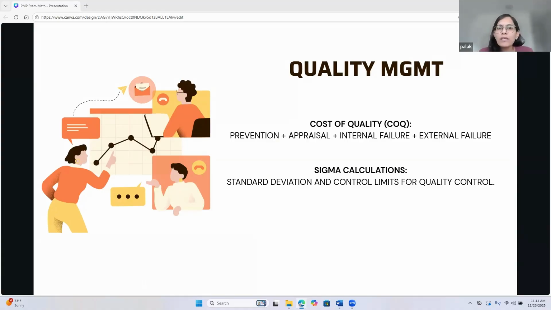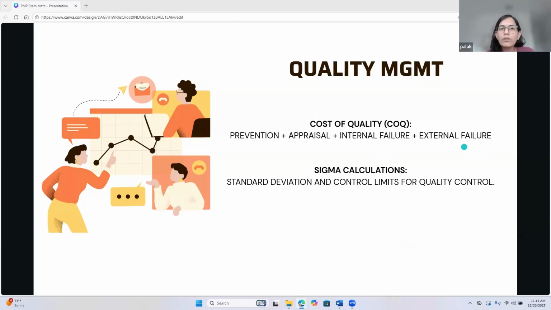That is about understanding the cost of doing things right versus the cost of doing things wrong. Okay, so this formula helps project managers to justify investment in prevention and understand variation in processes. So the formula that you see on the screen, cost of quality, equals prevention plus appraisal plus internal failure plus external failure.